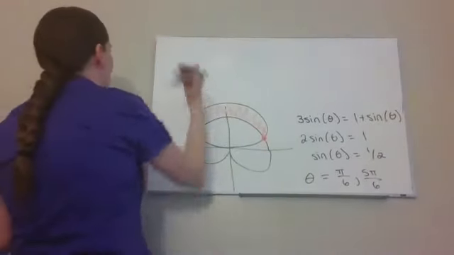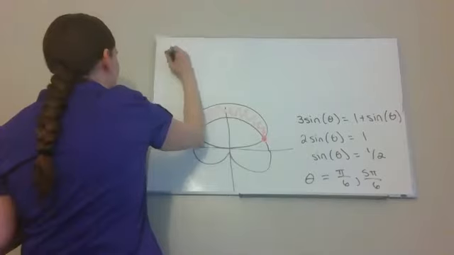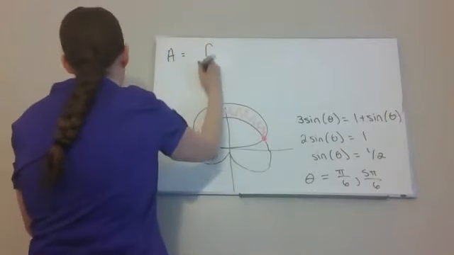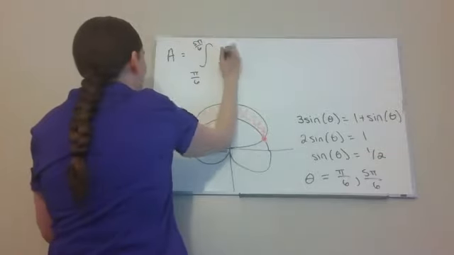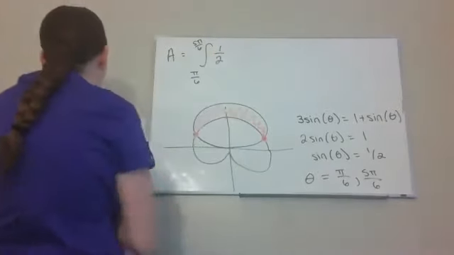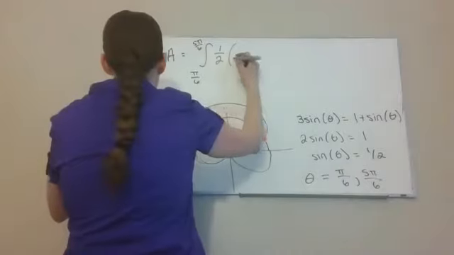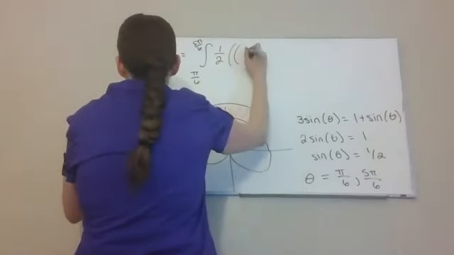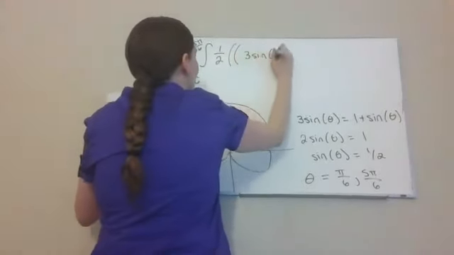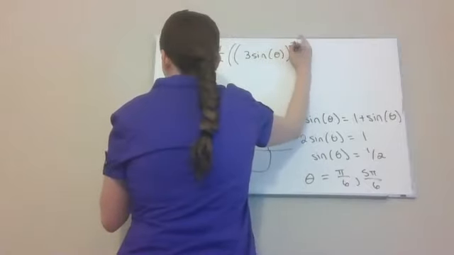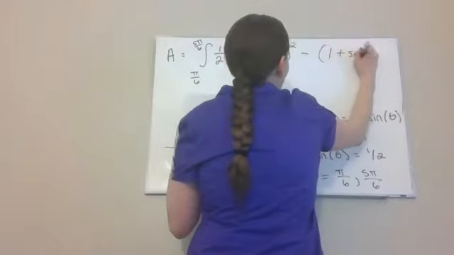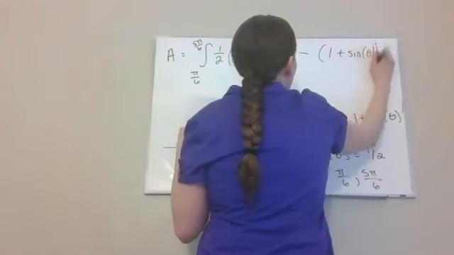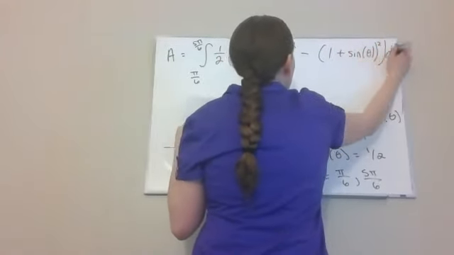So my area is equal to an integral from pi over 6 to 5 pi over 6. I have my 1/2, and it's the outer one squared. So 3 sine of theta squared minus the inner guy squared d theta.